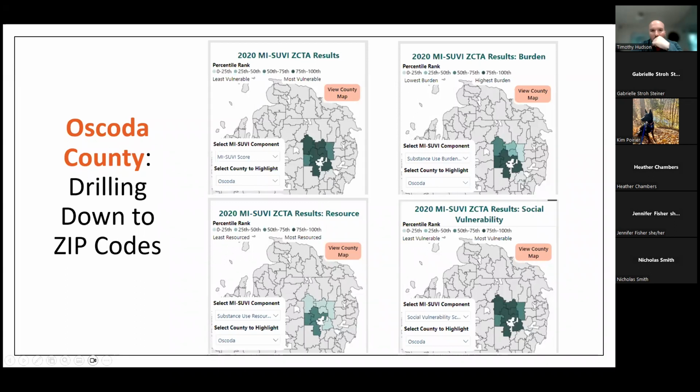When we look at the burden score, we see the bottom zip codes seem to have higher substance use burden. When we look at the resource scores, we see actually the top zip codes seem to be less resourced. So the resources seem to be more concentrated in these southern zip codes. And then when we look at social vulnerability, again, most of the zip codes in Oscoda are pretty dark and would be considered very socially vulnerable.